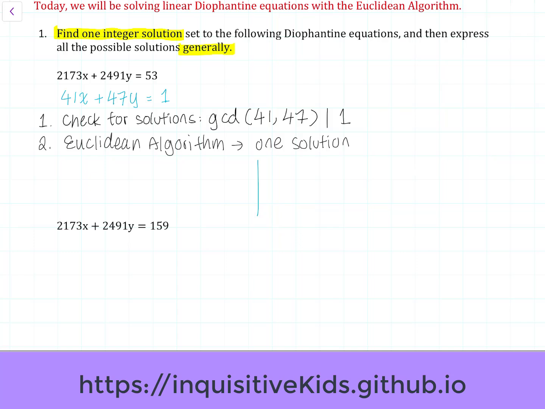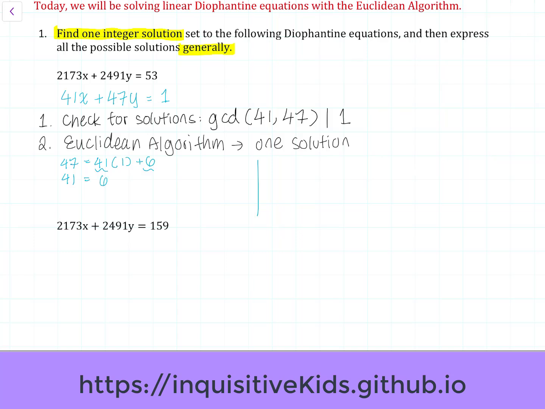So we're going to start by taking 47 and writing that in terms of 41 plus a remainder. So 47 is equal to 41 times 1 plus 6. Now you may have to look a little bit into the Euclidean algorithm in order to understand what I'm doing here, because the Euclidean algorithm is a solution for many number sense problems, a lot of modular arithmetic problems as well.